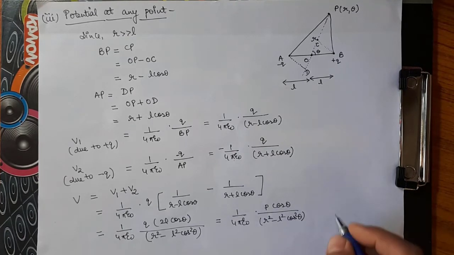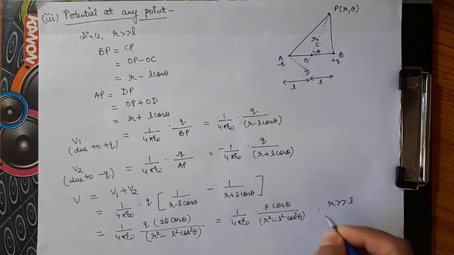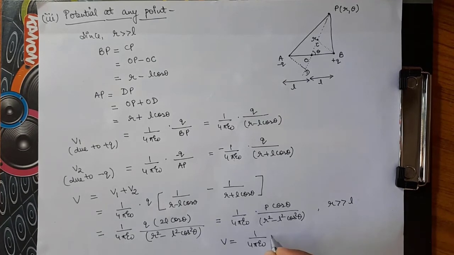As r is very large as compared to L, we can neglect L square cos square theta from the denominator. So we are left with a generalized formula, that is potential is equal to 1 upon 4 pi epsilon naught p cos theta upon r square.